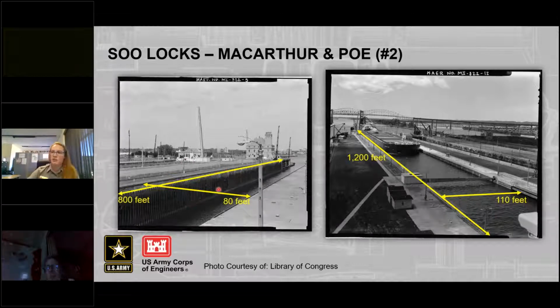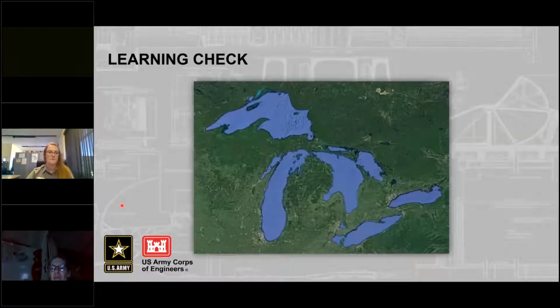To further accommodate the needs of vessels and companies, and because vessel sizes were still increasing, the second Poe lock was built in 1968. In less than 4 years, the first 1,000-foot vessel would go through the Poe lock. And these MacArthur and Poe locks are the two locks used by commercial vessels today.